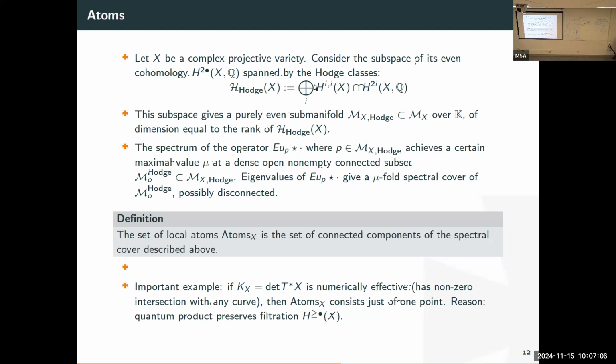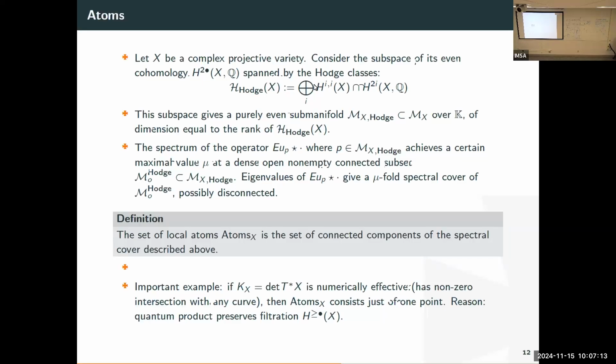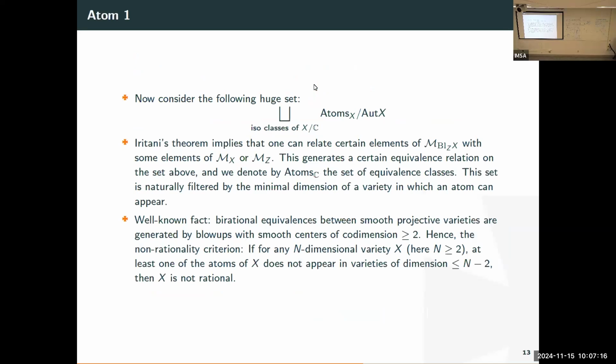So now we can put some equivalences of these atoms. So we consider the set of all atoms associated with a certain manifold modulo the group action isomorphisms of X.